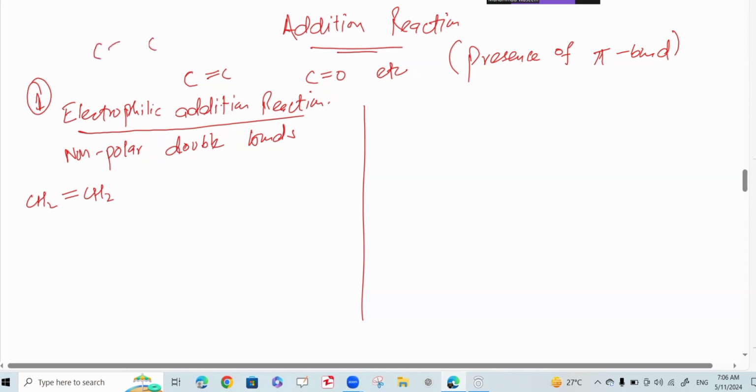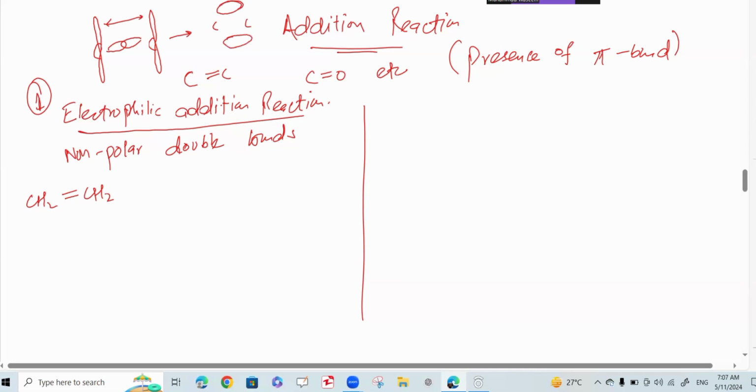Carbon single bond is formed, you know that, by head-on overlap, and the other bond is formed by the unhybridized orbitals which overlap parallel to each other. When they have overlapped, you will see that the density of electrons is above and below.